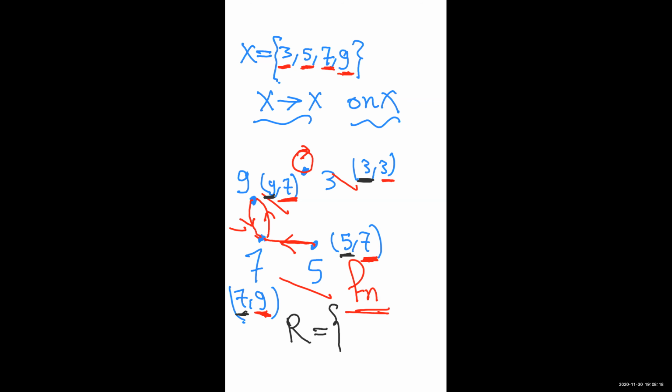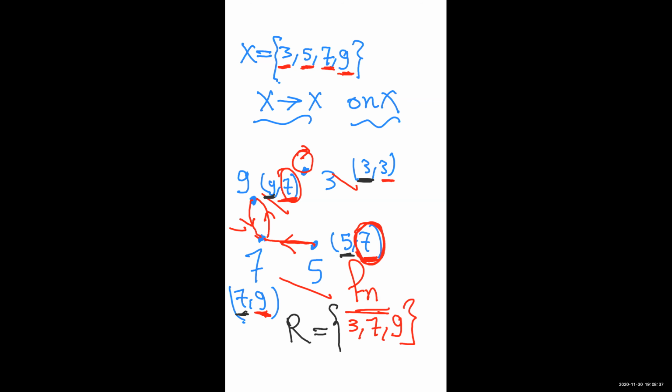So the range is only 3 and 7 and 9, and don't repeat 7. 7 is mentioned twice, we will just write it one time. So the range will be 3 and 7 and 9. We will not repeat elements.